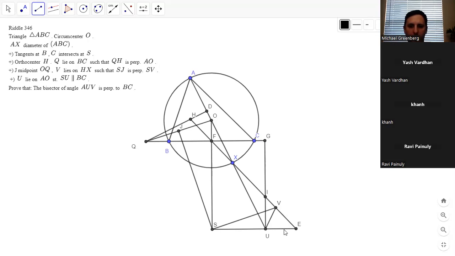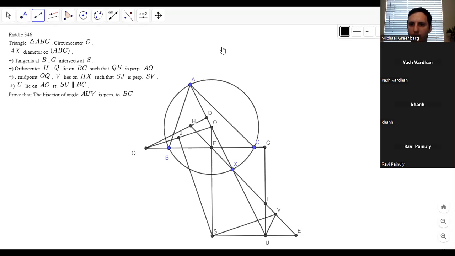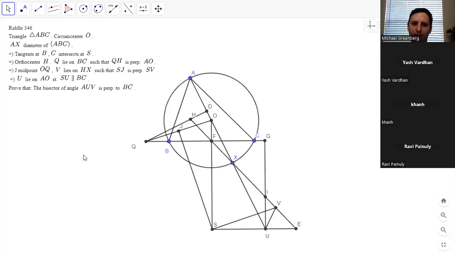So yeah, is angle U, let's see. So this angle right here is 90 minus this angle. So that's the same as angle HFO. Sorry. Let me check the chat. V is complicated. Yeah. Because V is defined in terms of J, which is not that obvious. So let's see, this angle is 90 minus this, which is HFB.